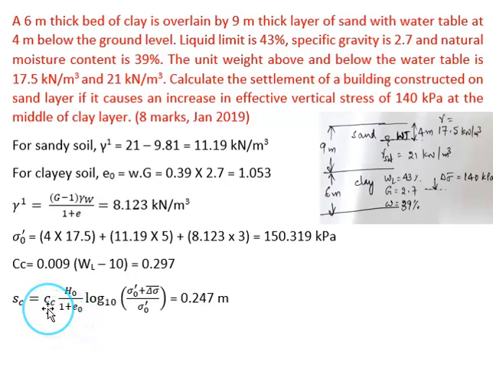And Cc value, the compression index. Since it is undisturbed soil, we can take the equation 0.009 into (liquid limit minus 10), so that we can estimate the compression index. By substituting all these values in the equation, we can estimate the settlement of the soil. Since we have taken the H naught value in meters, we will get the answer in meters, which can be converted into millimeters.